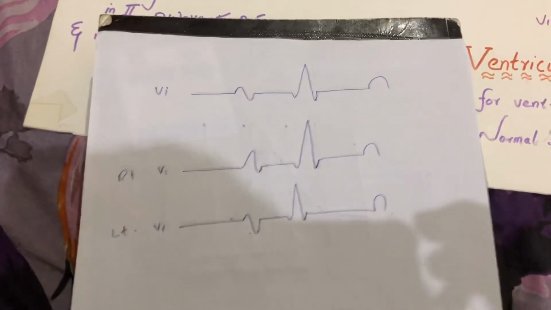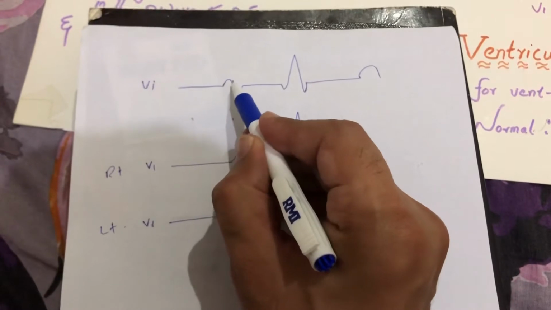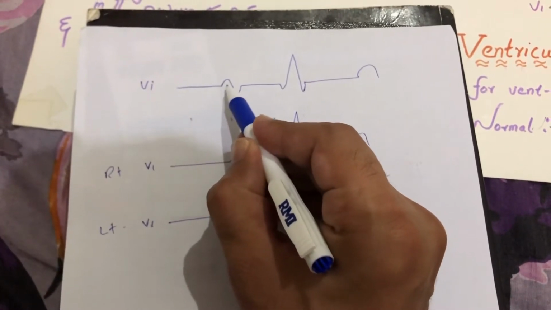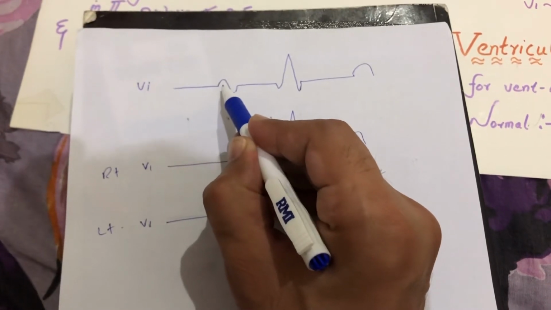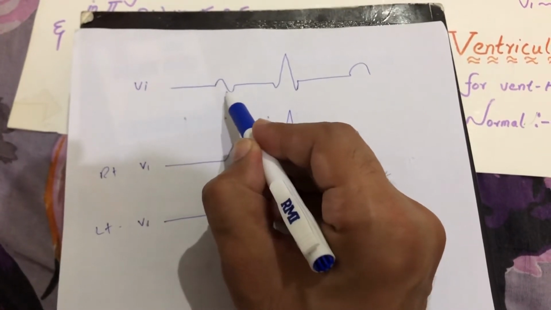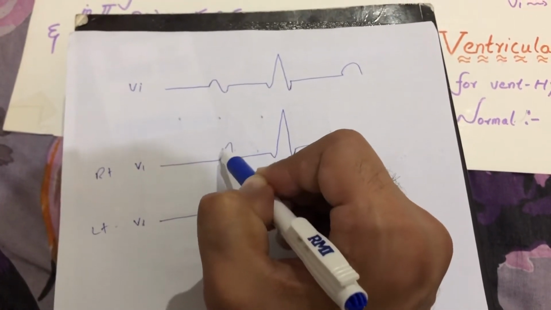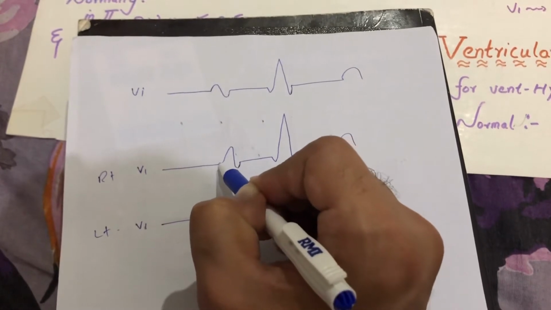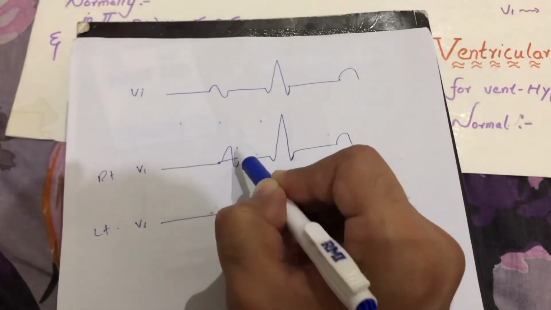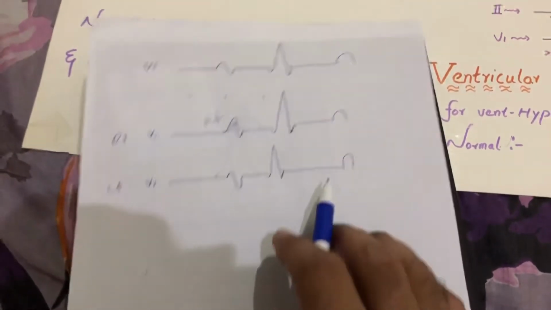Now the waveform of lead V1, we know that the upward deflection of the V1 P wave is showing the right atrium, and this is showing the left atrium. If this is enlarged as compared to the downward deflection, we know that this is right atrial hypertrophy, because this represents the right atrium.